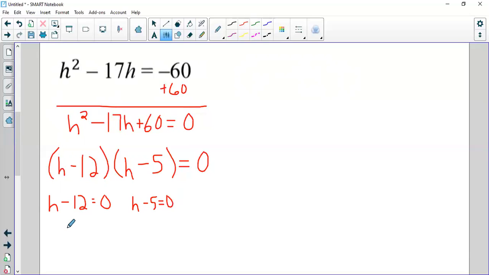I'll add 12 to both sides, and h equals 12, or I'll add 5 to both sides, and h equals 5. Technically written, least to greatest, h could equal either 5 or 12.